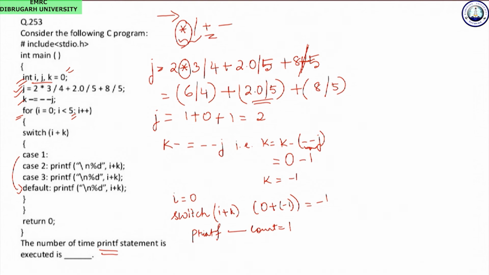Then coming to i is equal to 1, and k remains the same, k is equal to minus 1. So i plus k is 1 minus 1, it is 0. When it is 0 also, again it will be default.